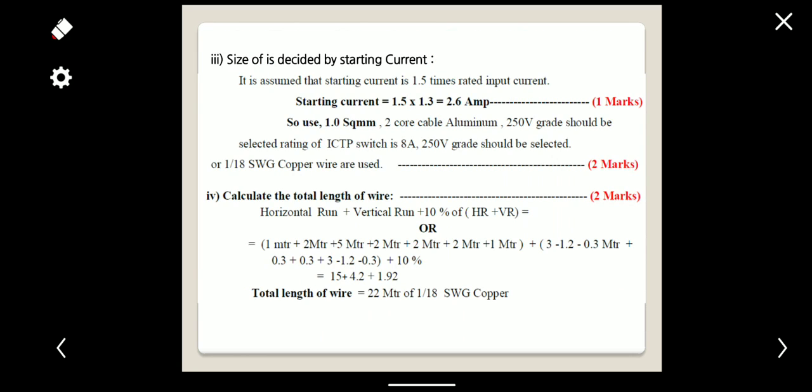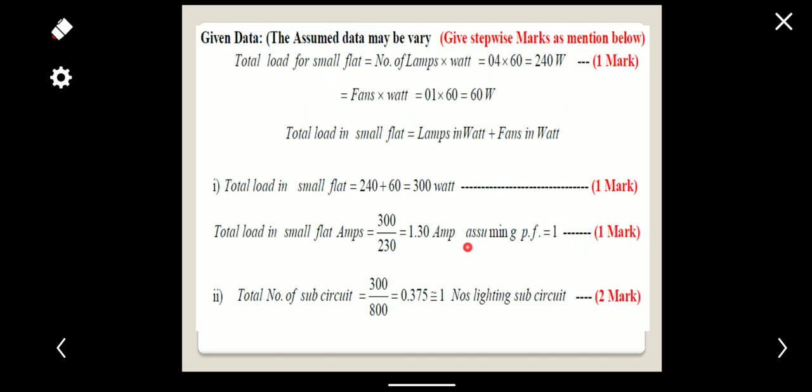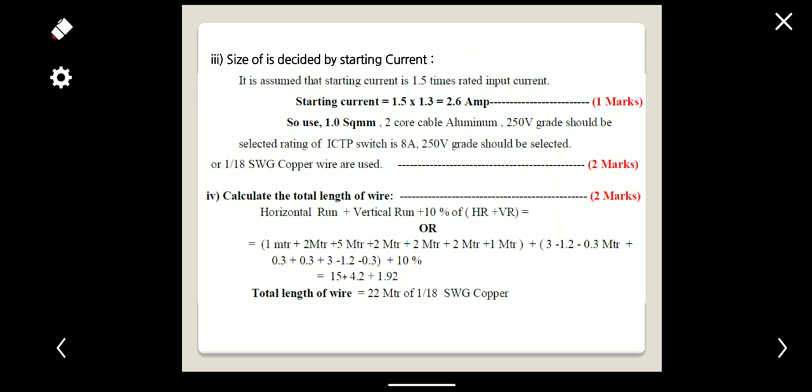Then deciding the size of the wire or conductor is decided by the starting current. It is assumed that the starting current is 1.5 times the rated current. So this current is multiplied with 1.5, and we get the starting current equal to 2.6 ampere.